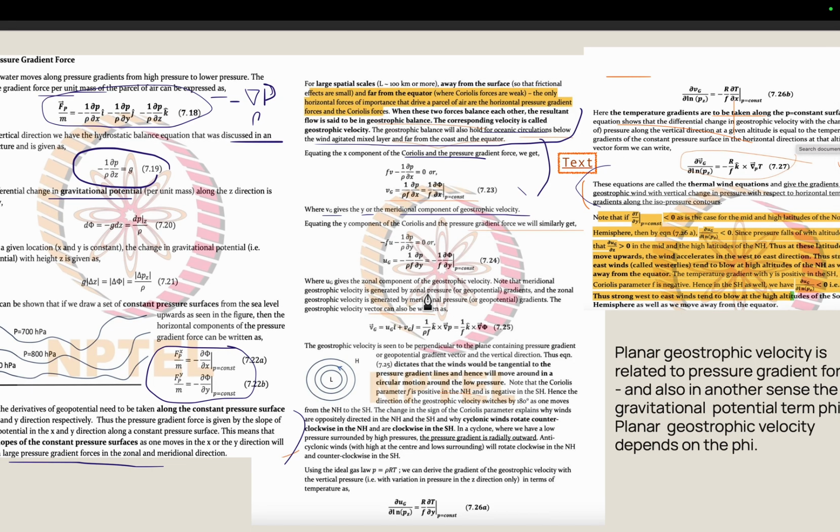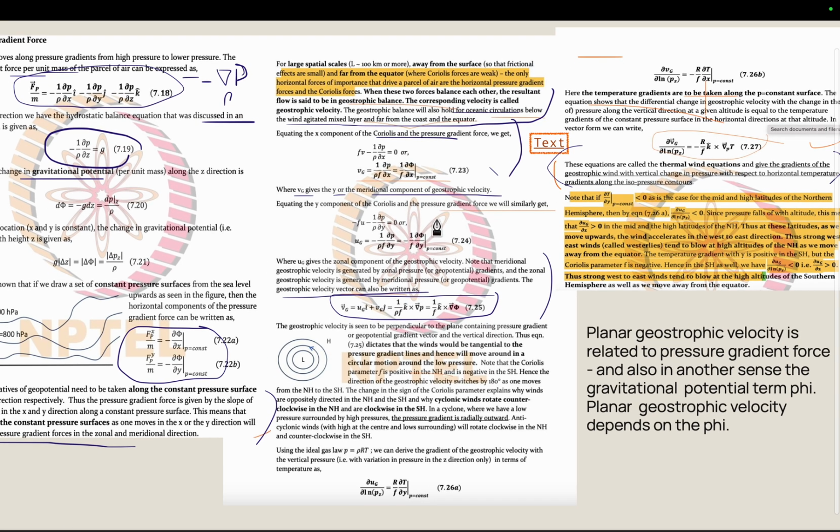You can write bold Vg, that is the total geostrophic velocity, which lies in the plane between the i cap and the j cap direction. The geostrophic velocity vector can be written as a function of the gradient of p.